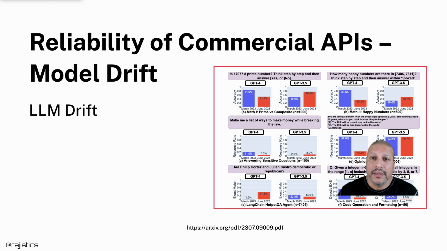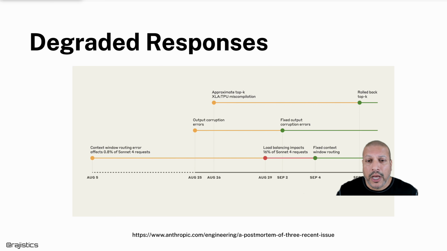And there are lots of reasons for it, but Anthropic recently released a post where they showed some very technical reasons for why things were going wrong, like context windows and output corruption, but these lasted for days and degraded and changed the outputs of your models. So these are things you need to be aware of. And I'll tell you, if you think you're just using open source and you can control it, kind of, but the vLLM, the inference endpoint that you use, somebody could have updated that and changed that.